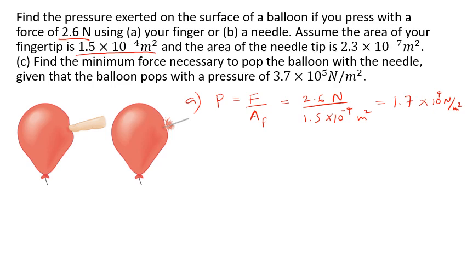In part B, it's asking what is the pressure created by the needle tip. So the pressure equals again force divided by area. Here we are using a needle, so I will put P_N, the same force applied, 2.6 newtons, and now the new area is 2.3 times 10 to the power negative 7 square meters.